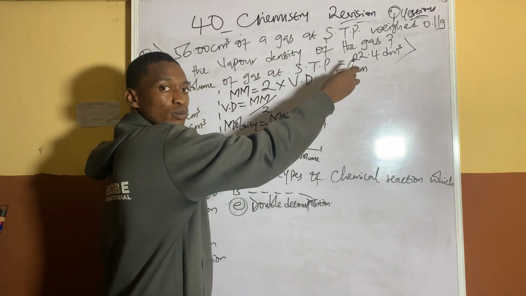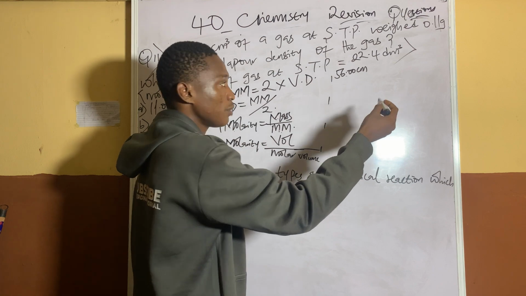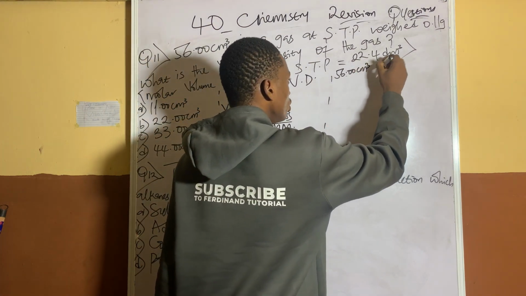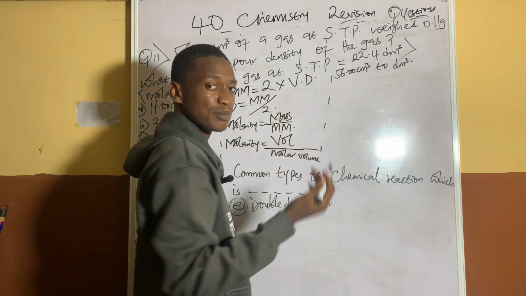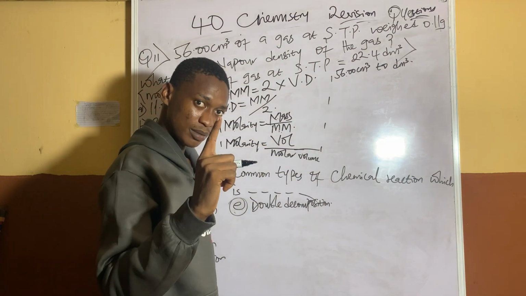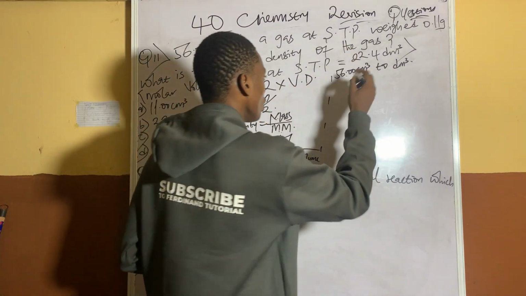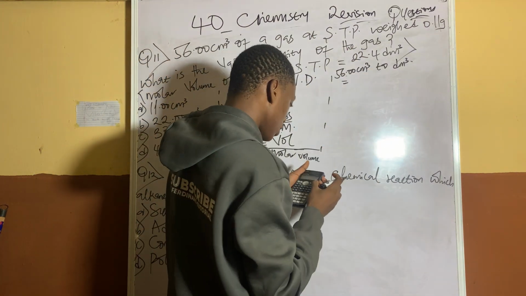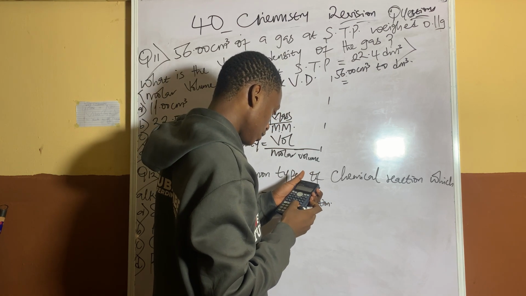Because my molar volume is 22.4 dm cube, I will have to convert this to dm cube. So cm cube to dm cube, I will divide by 1000, because 1000 cm cube is the same as 1 dm cube. So 56 cm cube will be 56 over 1000.